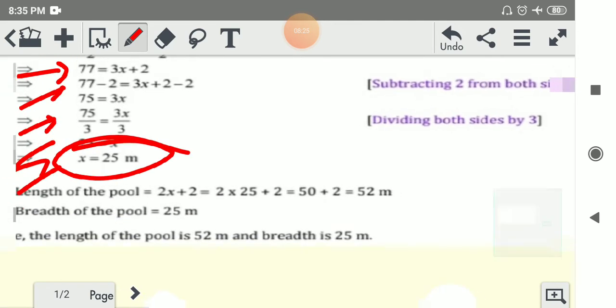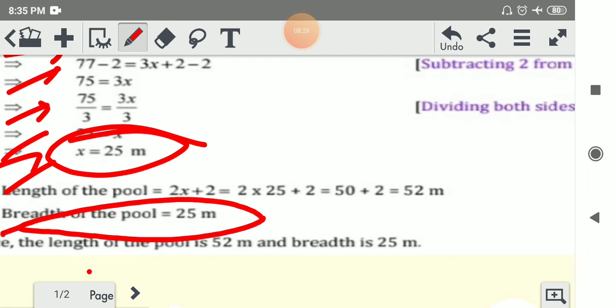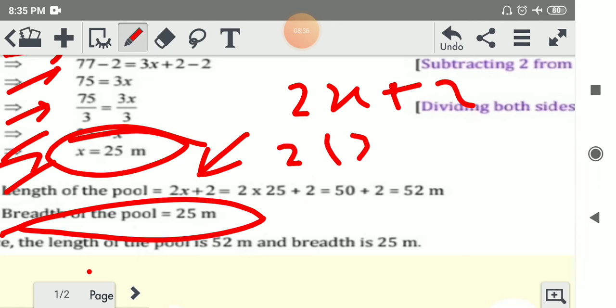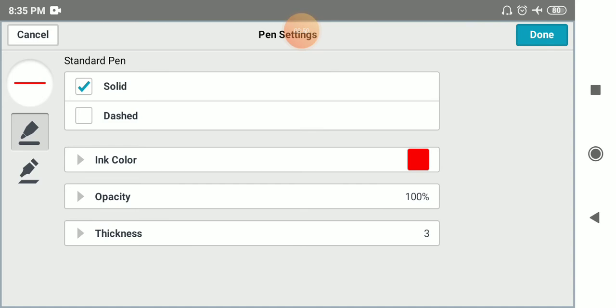So we can say easily the breadth of the pool is 25 and the length is equal to 2x plus 2. When x is equal to 25, we get 2 times 25 is 50 plus 2 is equal to 52 meters. Okay. So the length is equal to 52 meters.